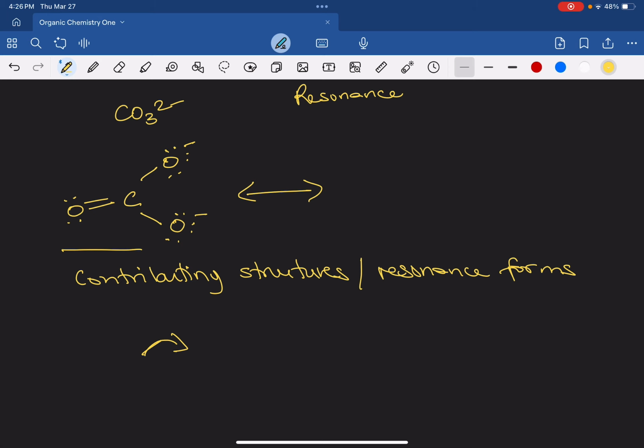So there are some allowed distributions. You're allowed to move a lone pair of electrons or redistribute it on an atom to an adjacent bond. So this arrow basically means that I have now moved these two electrons from here onto this bond, right?